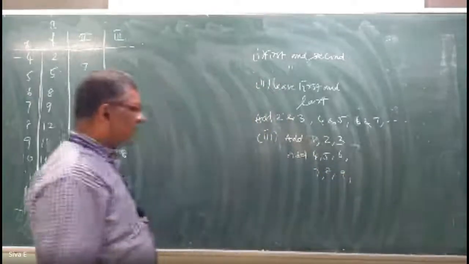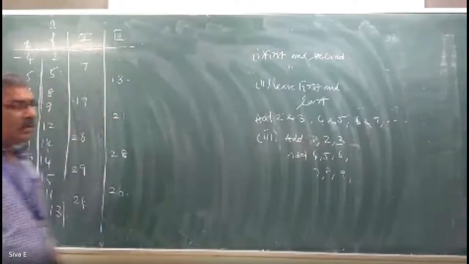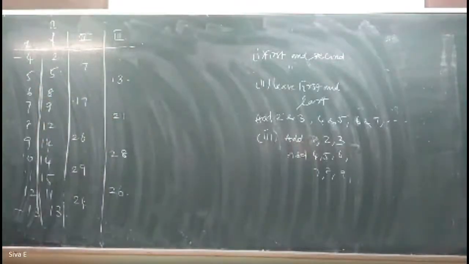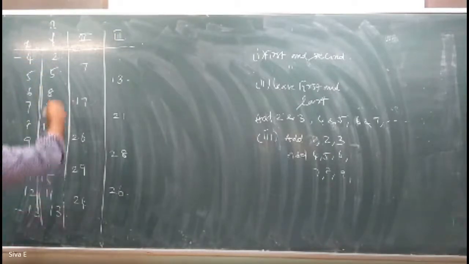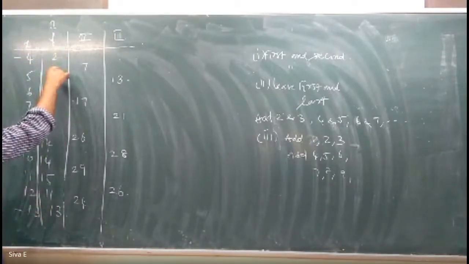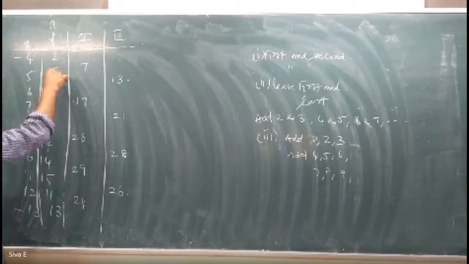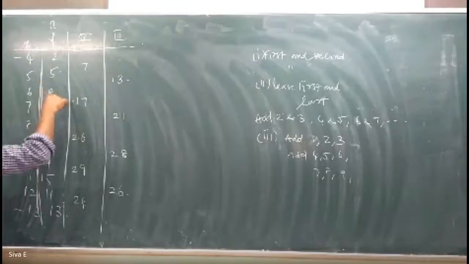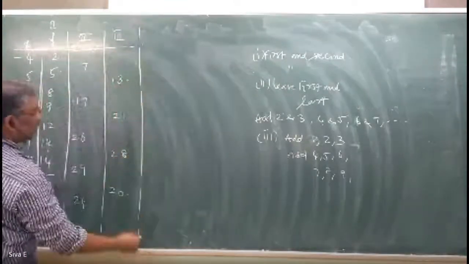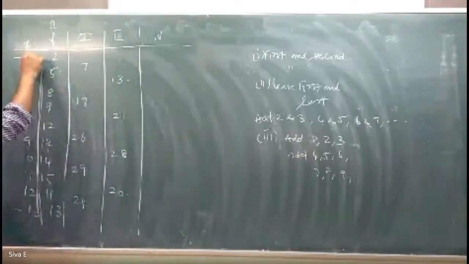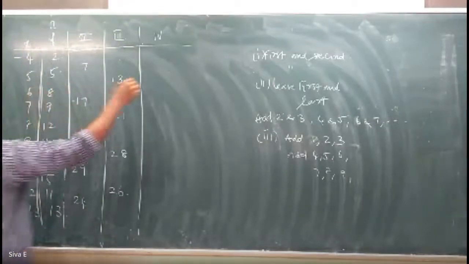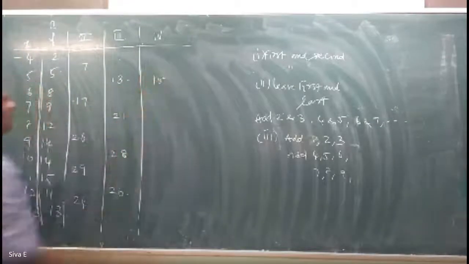In case a 10th item is there, leave it, no problem. So 2 plus 5 plus 8 is 15, in the fourth column. Write it right in the middle, don't confuse that.